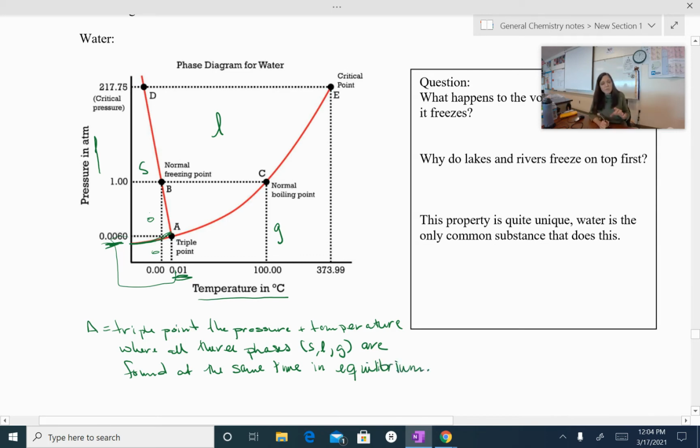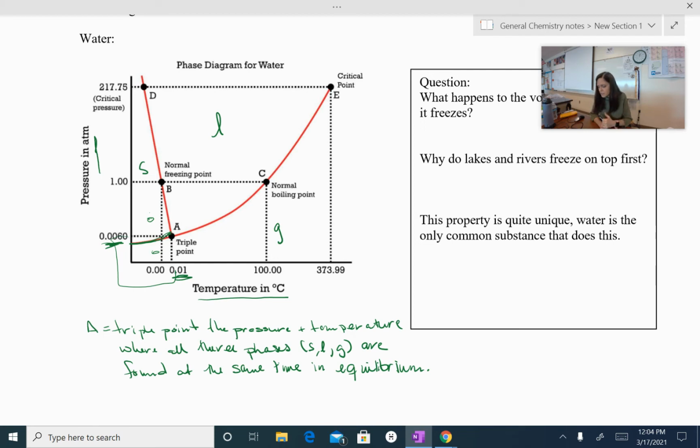So if I was able to get a system down to 0.01 degrees Celsius and a pressure down to 0.006 atmospheres, I would be able to have solid water, ice, liquid water, and vapor all going. So I would have boiling, I would have condensing, I would have melting and freezing and subliming and depositing all going on at the same time.